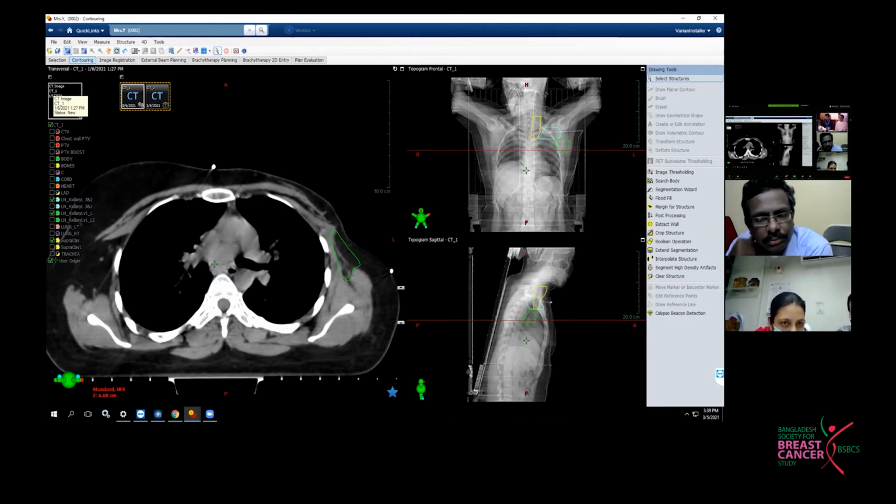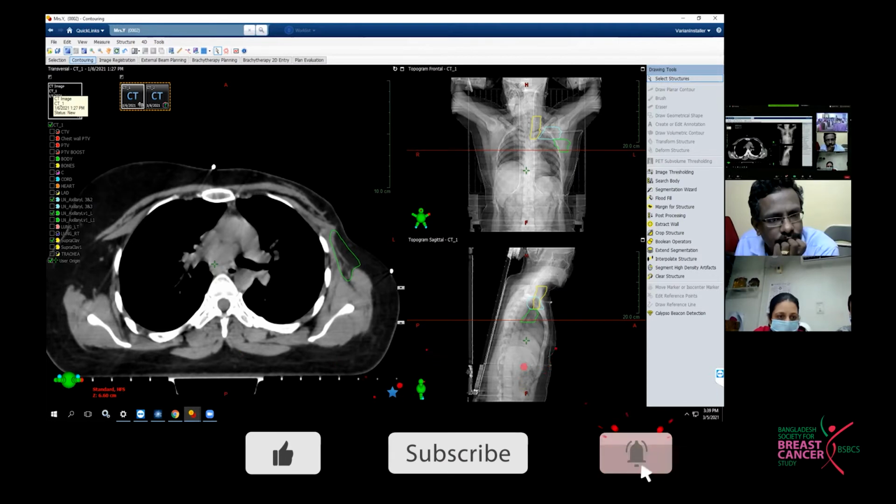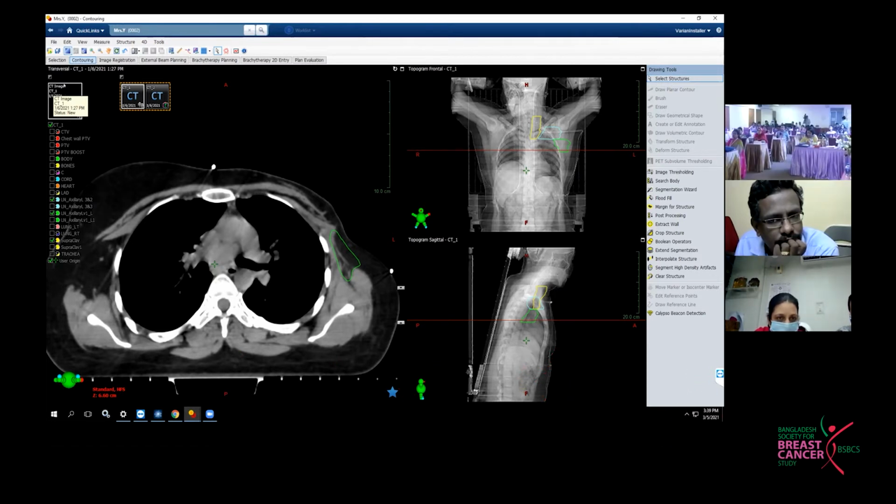If the participants have any question, they can ask, or you can also interact. We finish the lymph node, then maybe we'll go to the boost volume drawing. Due to constraint of time, we'll not go to the chest wall because the chest wall guidelines are clear. So let's finish off the lymph node. We'll take questions. Then we'll go to how to delineate the lumpectomy cavity.